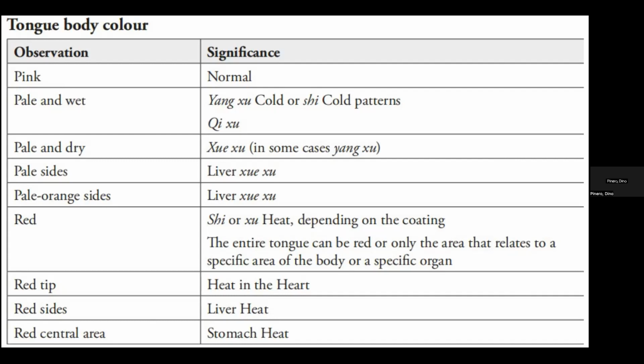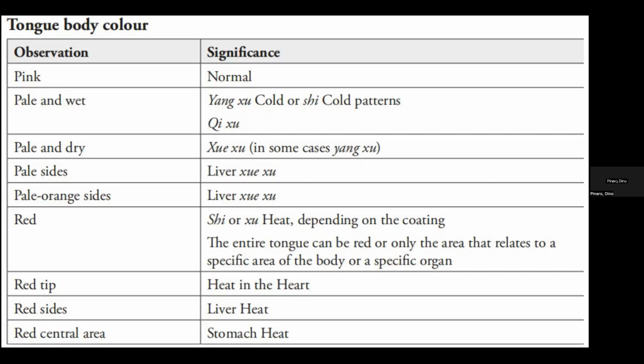Pag pale and dry naman, we have blood deficiency, in some cases, yang deficiency. Pag pale sides, which is the area of the liver, we have liver blood deficiency. Pag pale orange sides naman, same lang, liver blood deficiency.